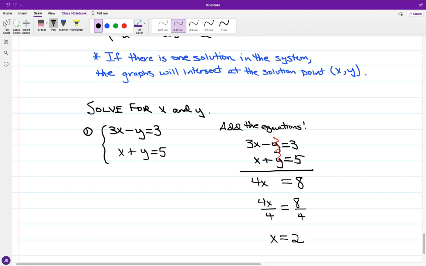And I can take 2 and put it in place of x and solve for y. I can choose either equation from the system to work with, and I'll just go with the second one. So I can plug in 2 for x and solve for y.